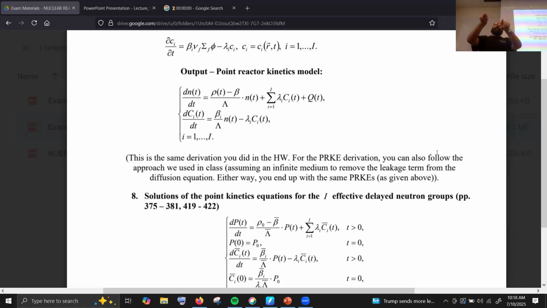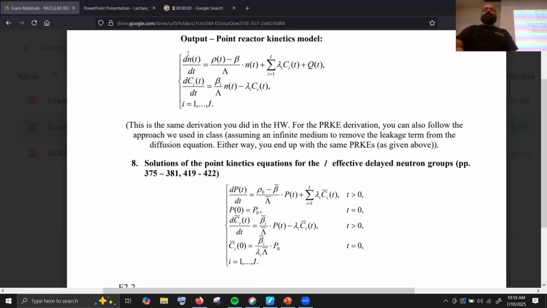So you can write the point kinetics equations and replace n of t with the power, or with the flux, or any integral quantity you want, so long as you make the units for your delayed neutron concentration work out. So if you were wondering how we went from n of t to p of t, you can interchange what variable you're solving for.